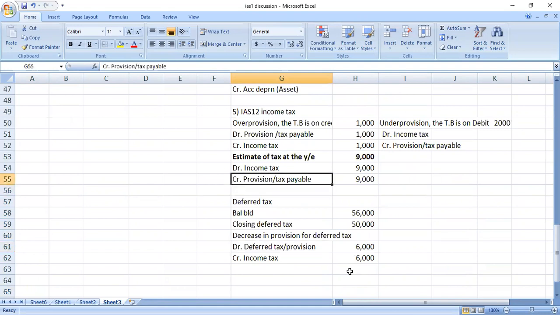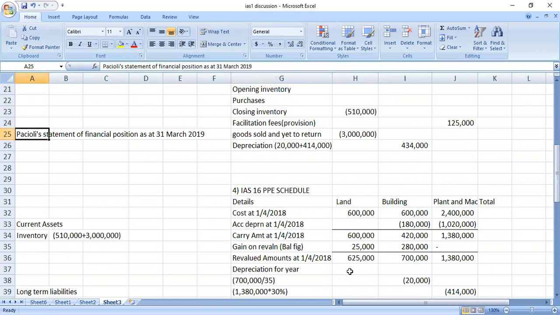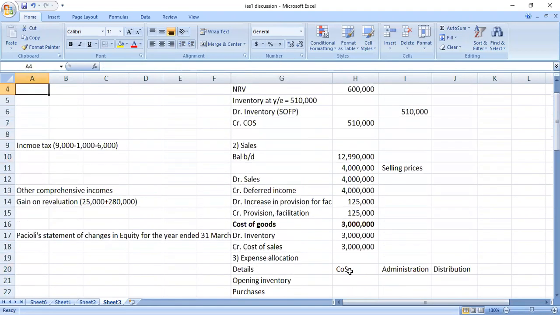But you who want to pass the paper, just keep in mind that under my income tax, if I have an estimate, I'm going to bring it here, hence the 9,000. If I had an over, in this case, you're supposed to subtract it from the income tax, the 1,000.